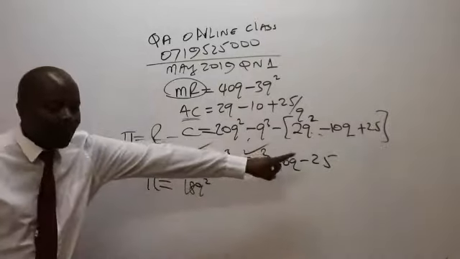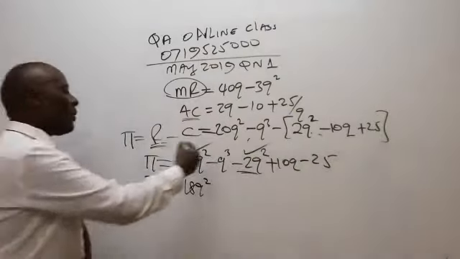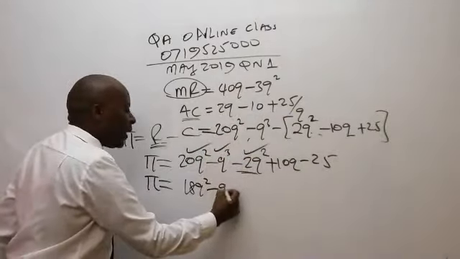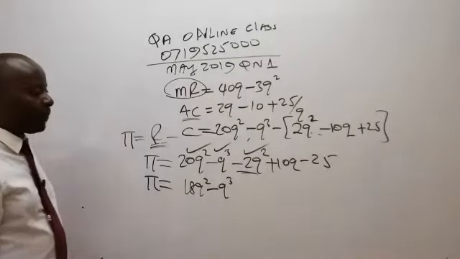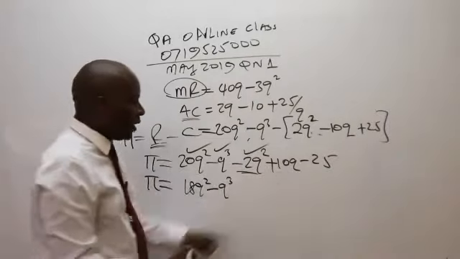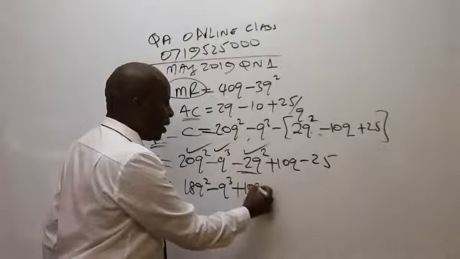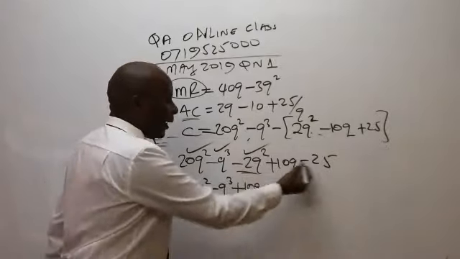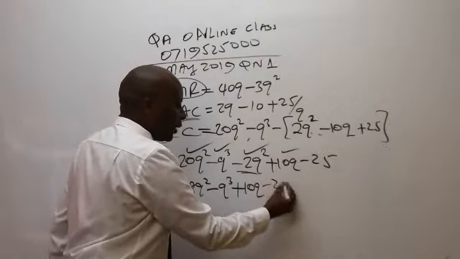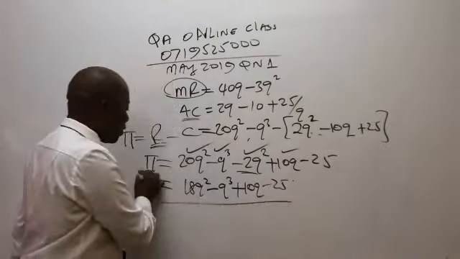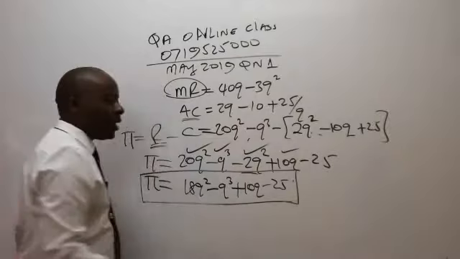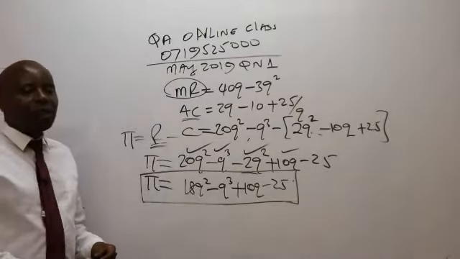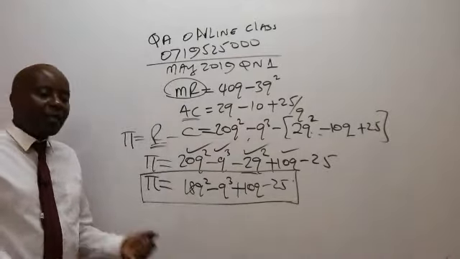It doesn't have a partner, so I tick it there and say minus Q cubed. From there, we have plus 10Q here, because it also doesn't have a like term, and minus 25. So that is it. This is our profit equation, which this examiner wanted us to ascertain.